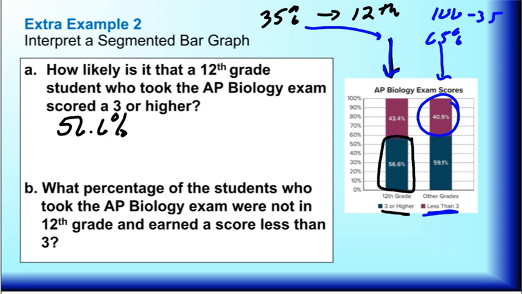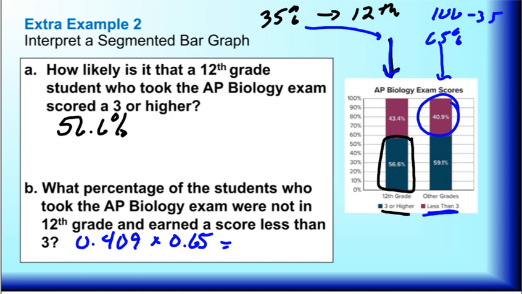So they're saying what percentage of the students who took the AP biology exam were not in 12th grade and earned a score less than 3. So we're going to take 0.409, so 40.9% of the 65% of the students who scored less than 3.